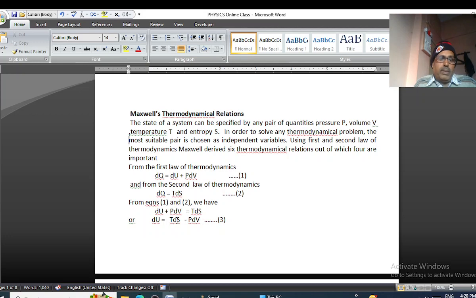This equation may be rewritten as du is equal to tds minus pdv, since pdv is taken to the other side and its sign changes to minus.